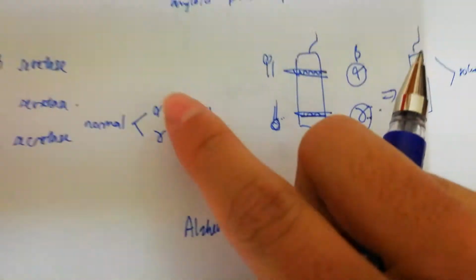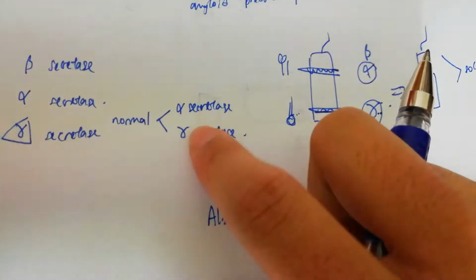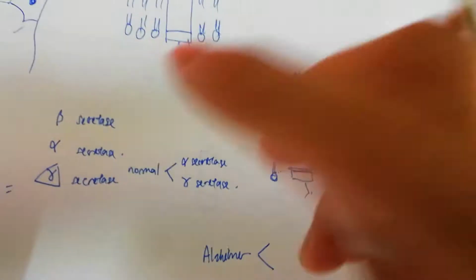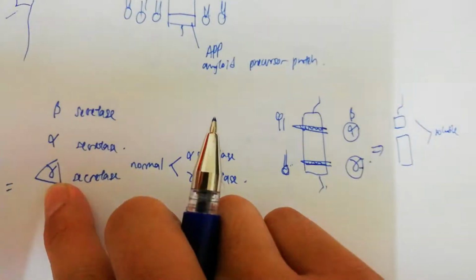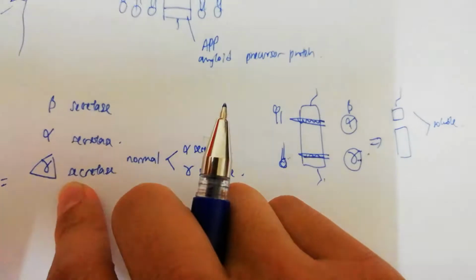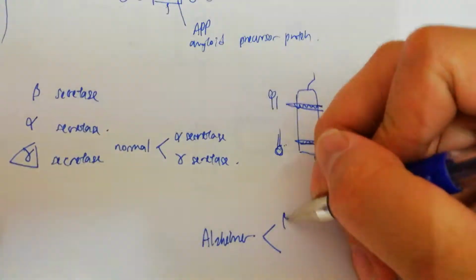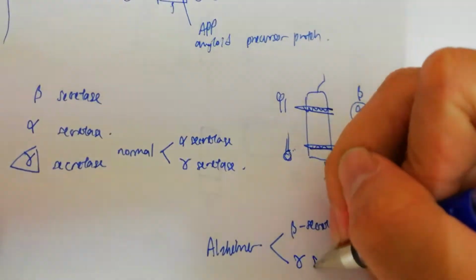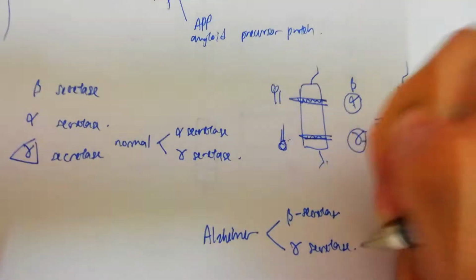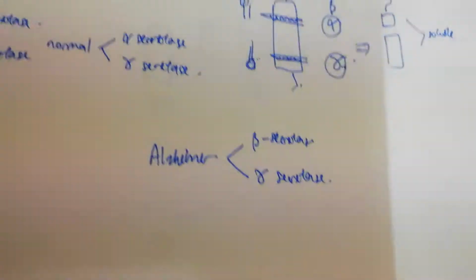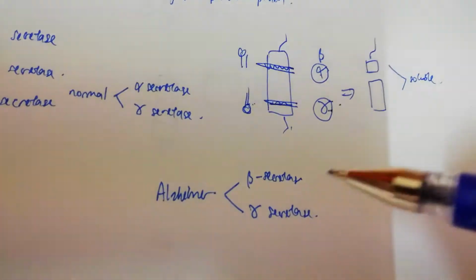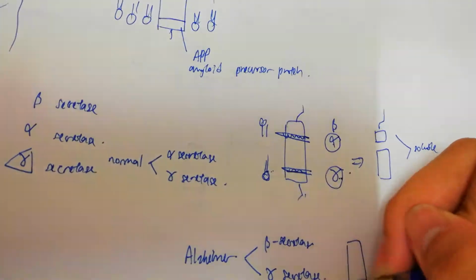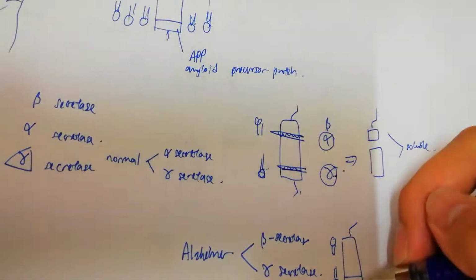Just now we mentioned that the normal enzymes are alpha and gamma. And in Alzheimer's disease, I also mentioned that gamma secretase is going to be present in any of the conditions. So we have beta secretase and gamma secretase. Okay. So where it is going to cut is that, again, we arrange it in such a way.